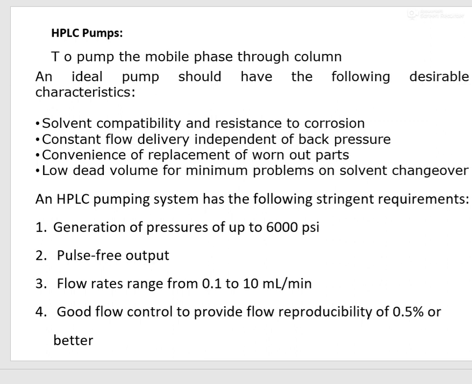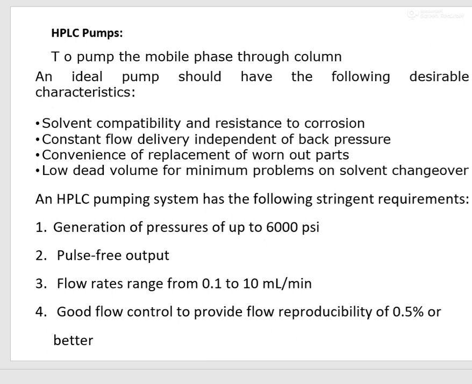So the pump which can withstand high pressure is good. That is why it is written: generation of pressure up to 6000 psi. Now 6000 psi is for one HPLC; you can purchase an HPLC which can withstand pressure up to 10,000 psi.